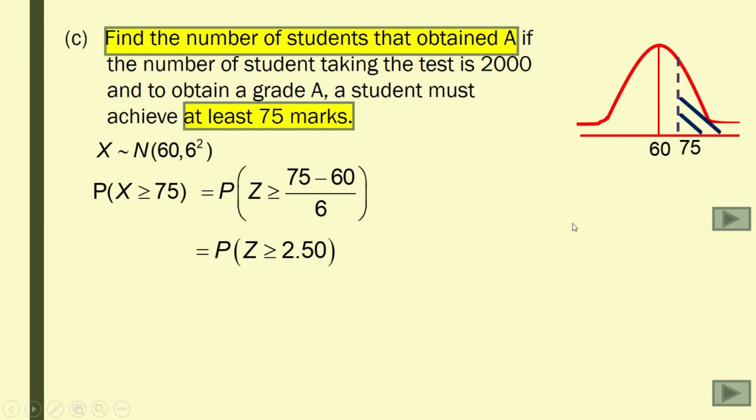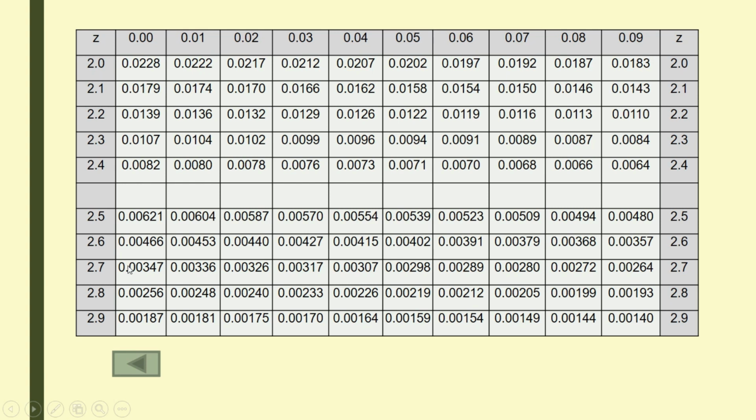Okay, we draw the Z distribution. We get 0 as the mean and this area P(Z > 2.50), and from the statistic table, 2.5 in the first column and 0.00 at the top, and the corresponding area is 0.00621.